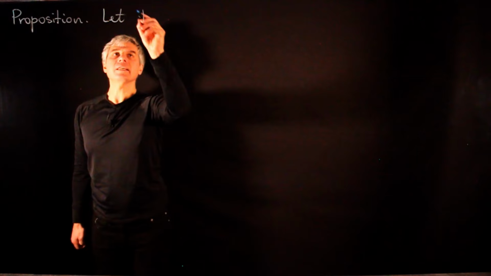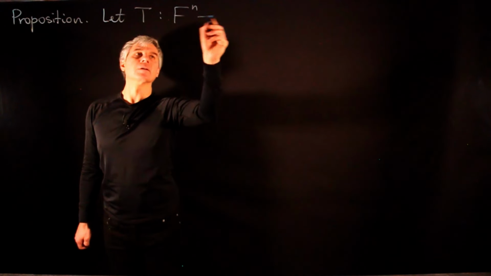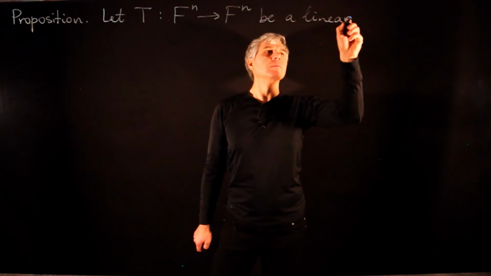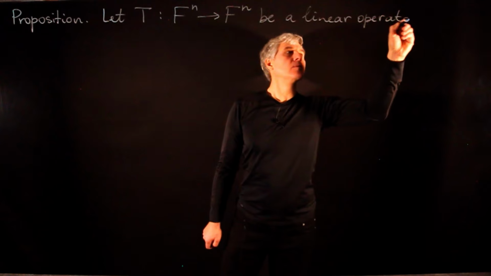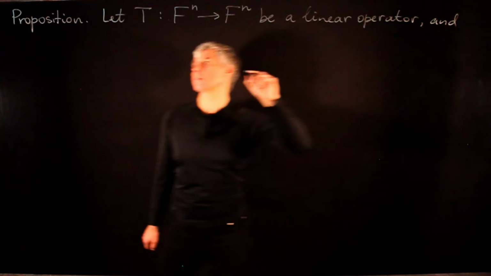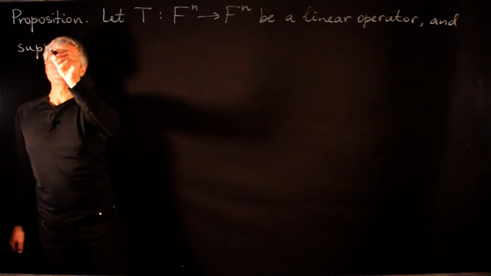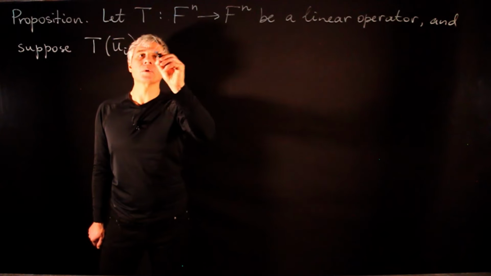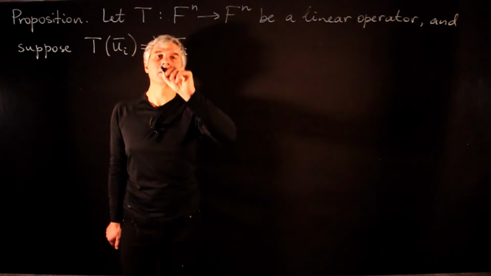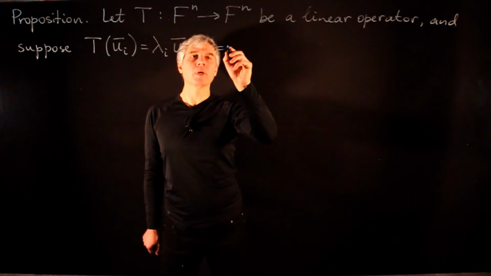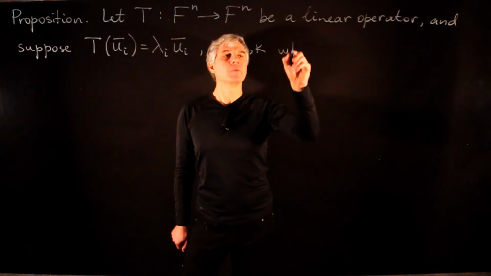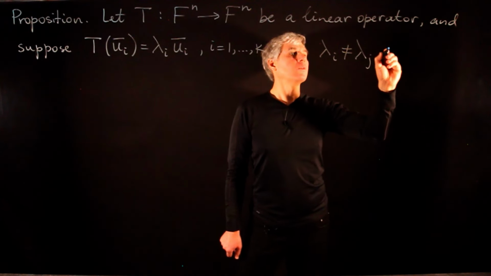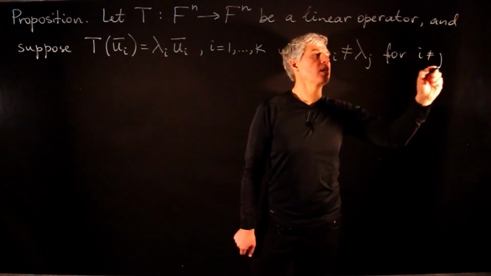Let T from F^n to F^n be a linear operator, and suppose T of ui is equal to lambda i times ui, for i from 1 to k, with lambda i different from lambda j for i different from j.